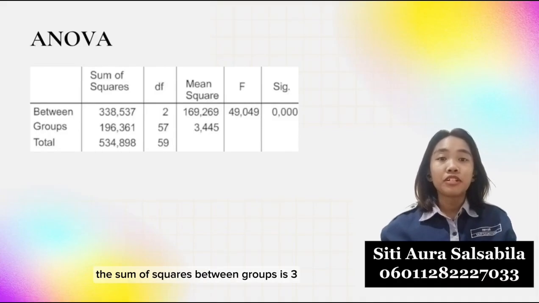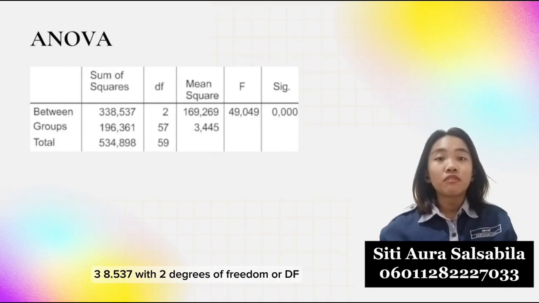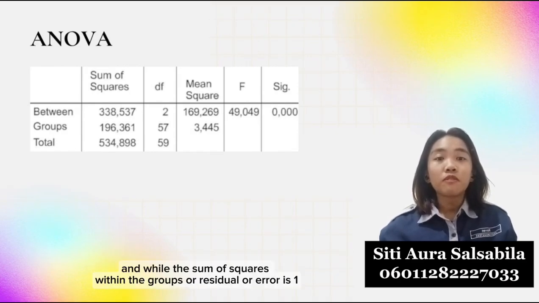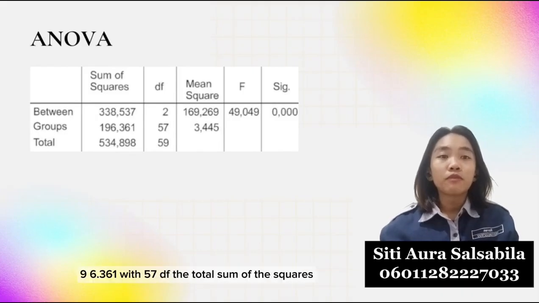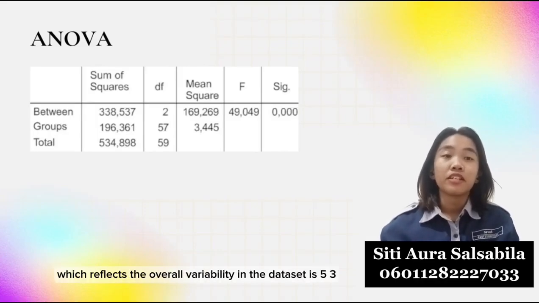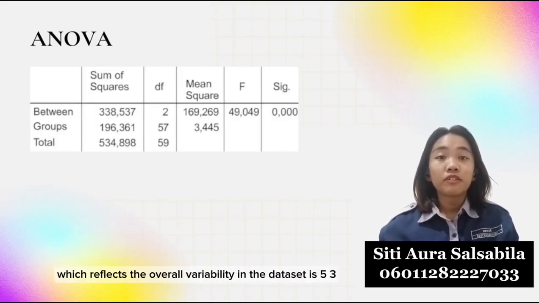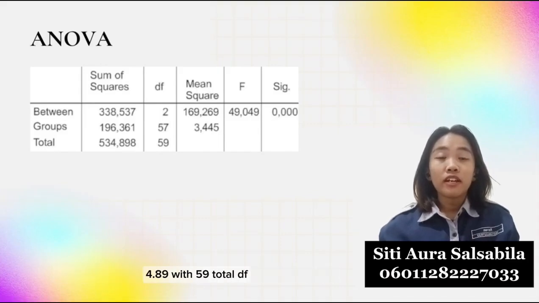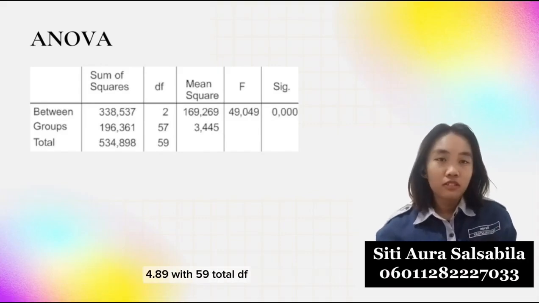The sum of squares between groups is 338.537 with 2 degrees of freedom or df, while the sum of squares within the groups or residual or error is 196.361 with 57 df. The total sum of squares, which reflects the overall variability in the dataset, is 534.898 with 59 total df.